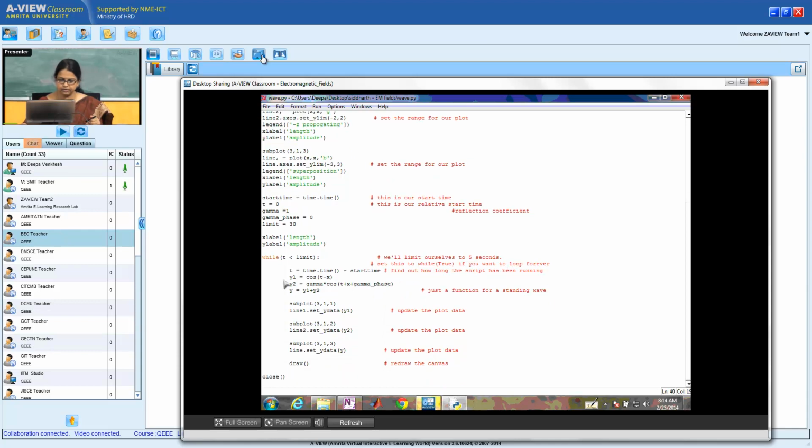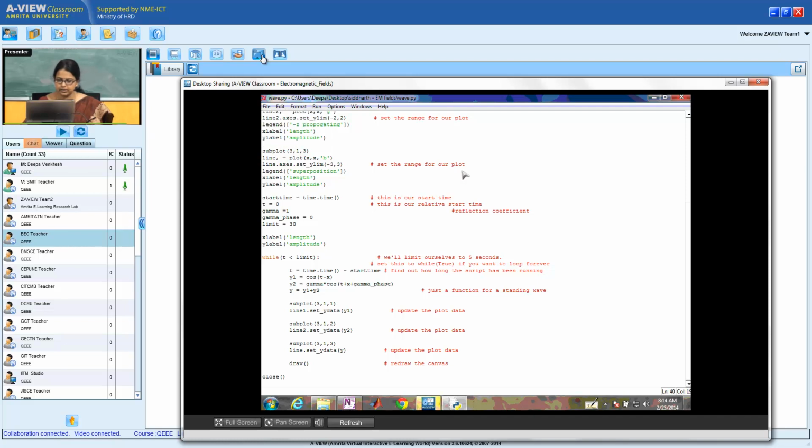As you see here, you could do this in MATLAB or any of those software that you can write up. I've just varied x and t and put it in a loop with t less than limit, where the limit I define as some 30, and I'm evaluating y1 and y2, which are the voltages corresponding to the forward and the reverse, and I have added y as y1 plus y2 as the function for the standing wave.